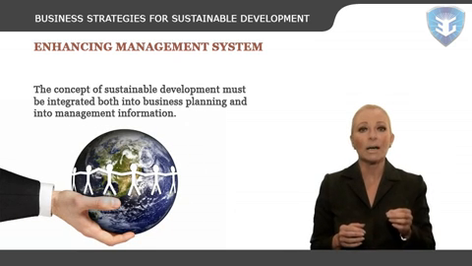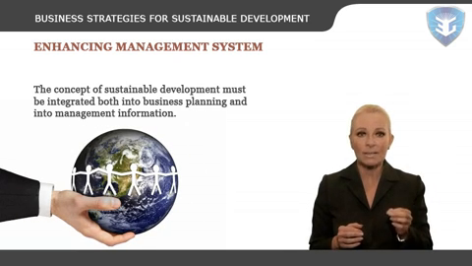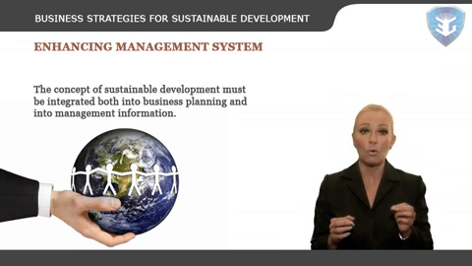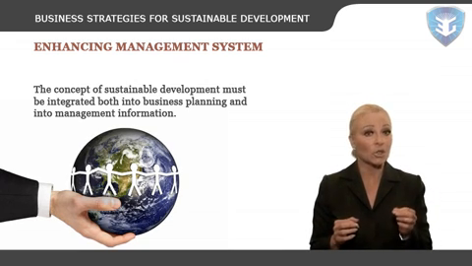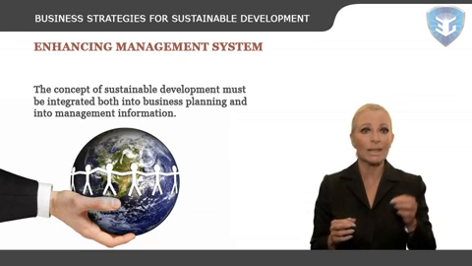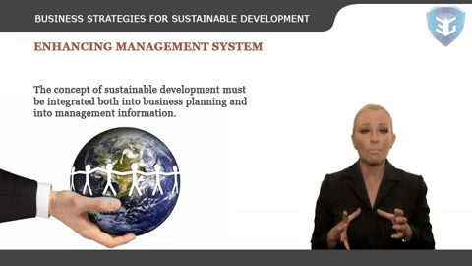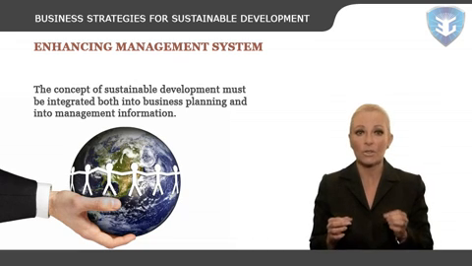The concept of sustainable development must be integrated both into business planning and into management information and control systems. Senior management must provide reports that measure performance against these strategies.